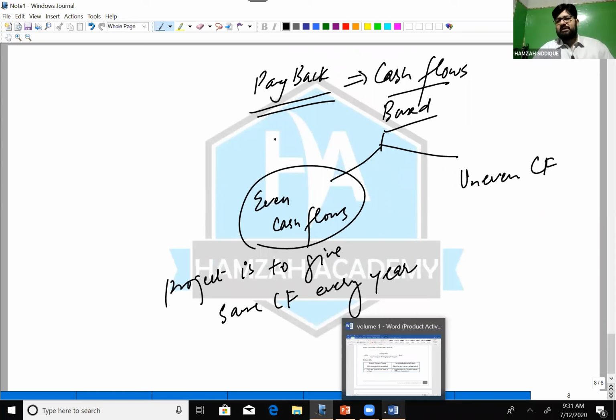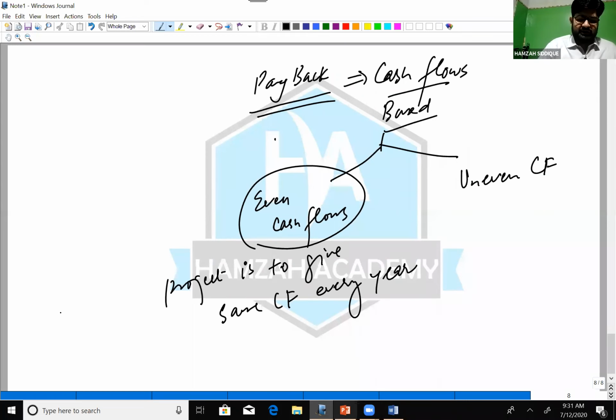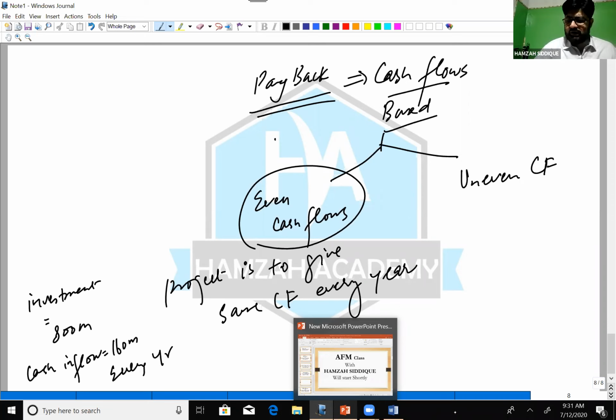For example, investment is 800 million, and the project will be giving a cash inflow of 160 million every year. So calculate the payback of the project.